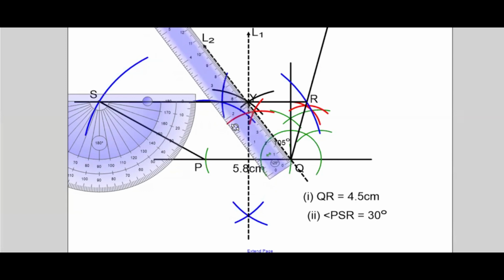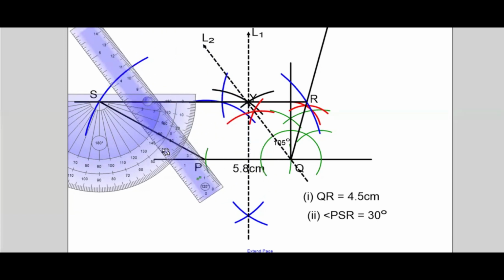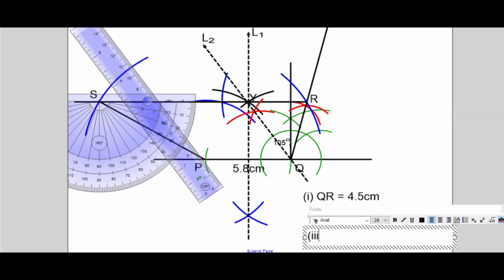That should be 0, 1, 2, 3, 4, 5, around 5.2. So we write out our QY being 5.2 centimeters.